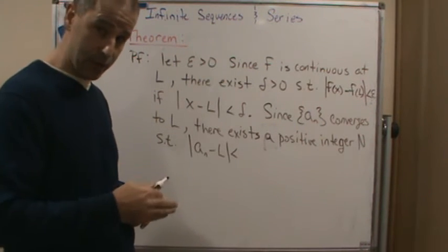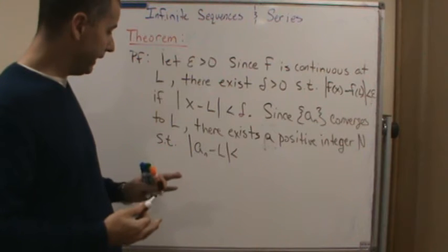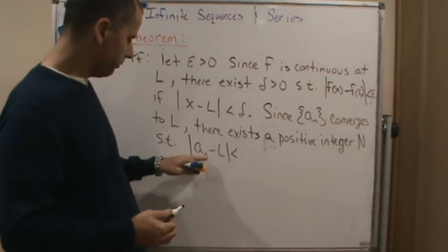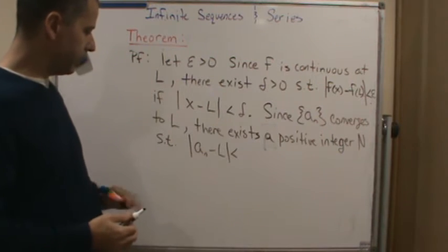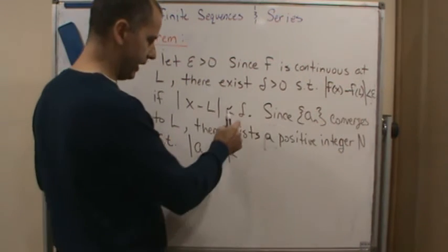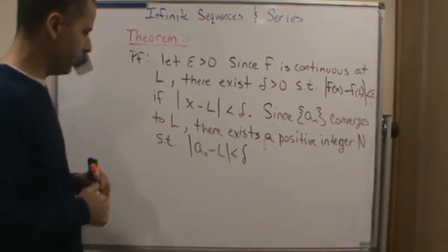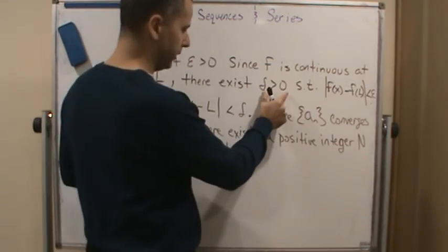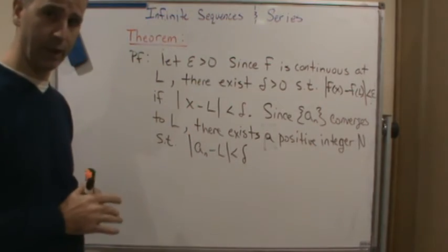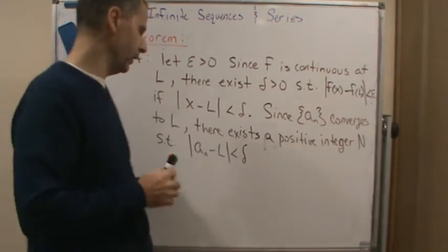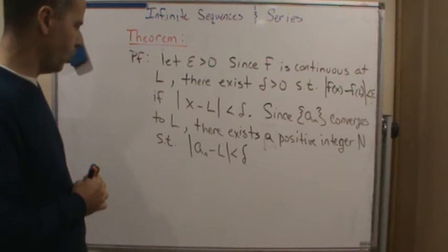Now in the definition, we were dealing with epsilon, but here we want to make sure that this difference is less than delta. So delta is kind of taking the place of epsilon in the other proof. But realize that epsilon and delta are just arbitrary numbers that we're choosing.